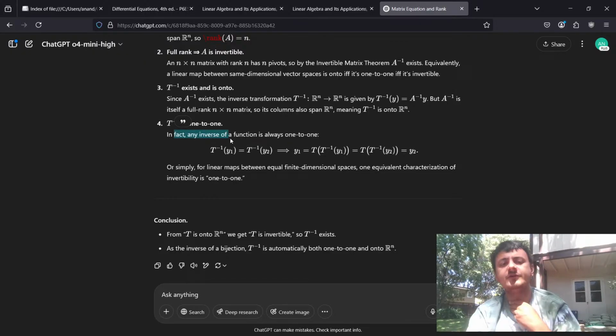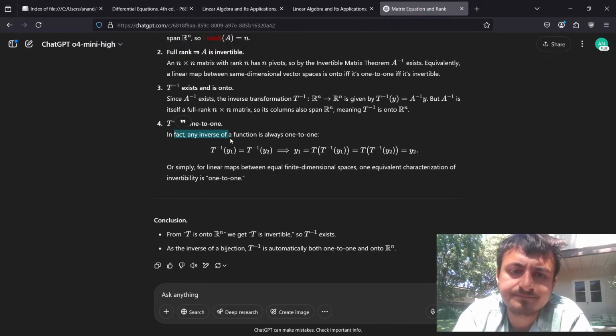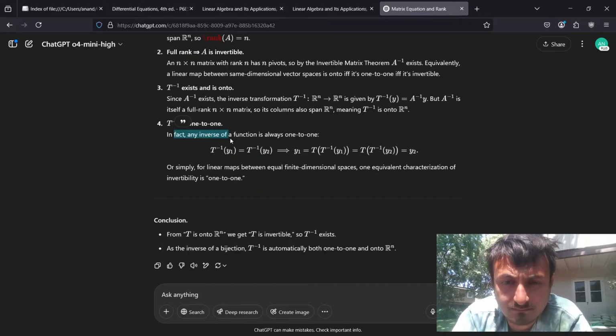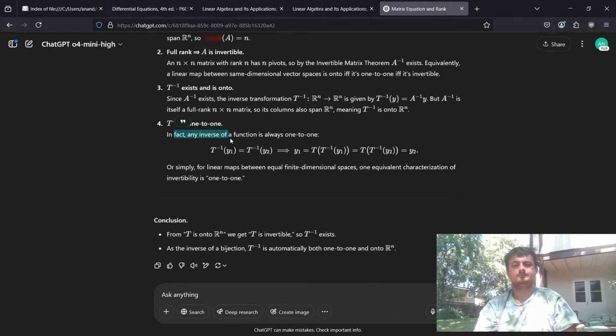The inverse of a function is always 1-to-1. Okay.